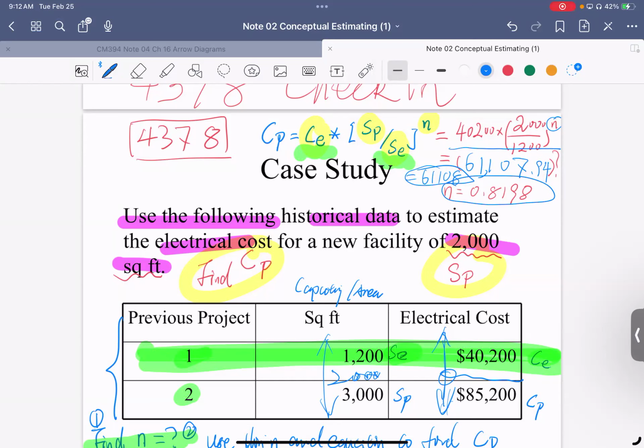This n is a power, right? 2,000 over 1,200. The 2,000 comes from here. Yep. You get it?